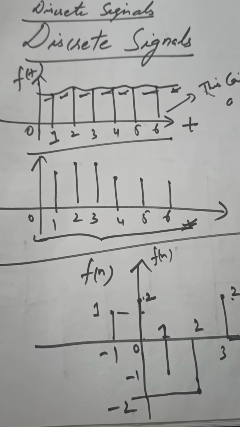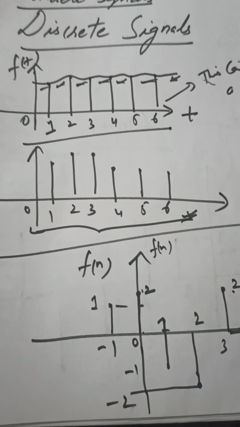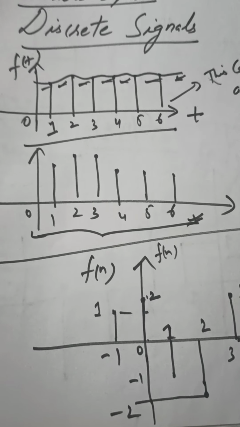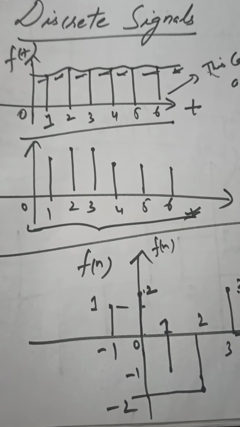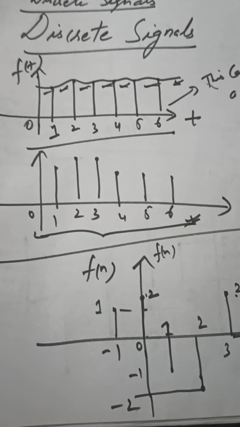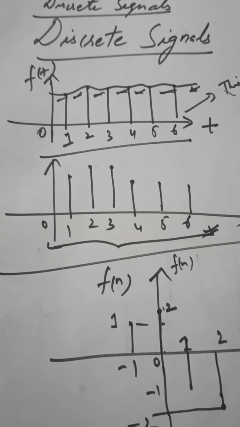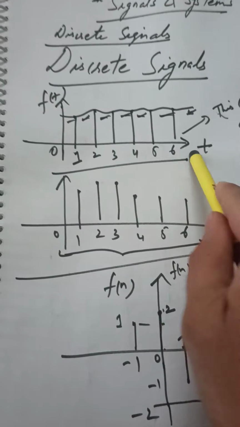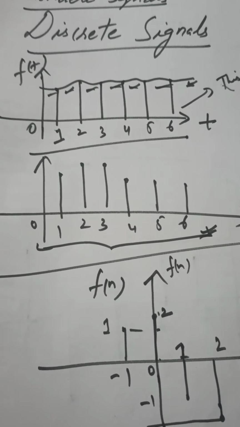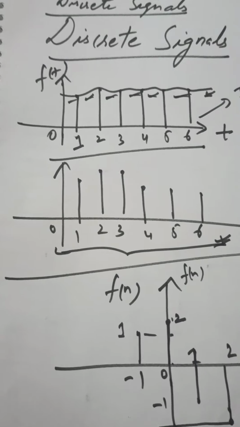Basically, continuity means that the system is having two things. It is continuous in time, for example on the x-axis. Again, I am telling you it is on the x-axis, and continuous in amplitude, which means along the y-axis.